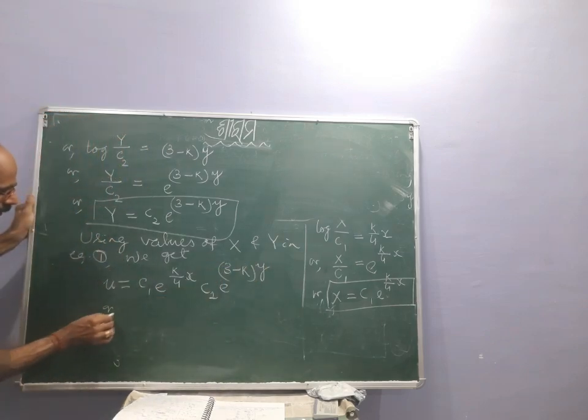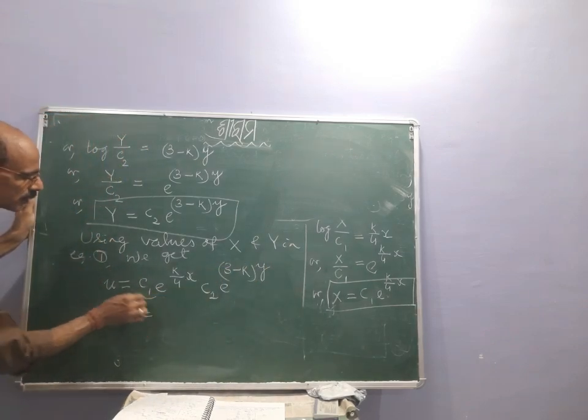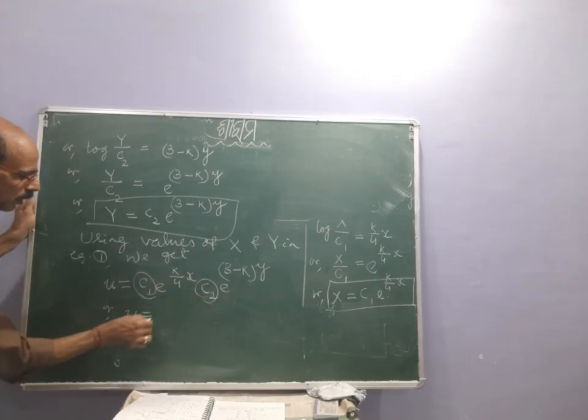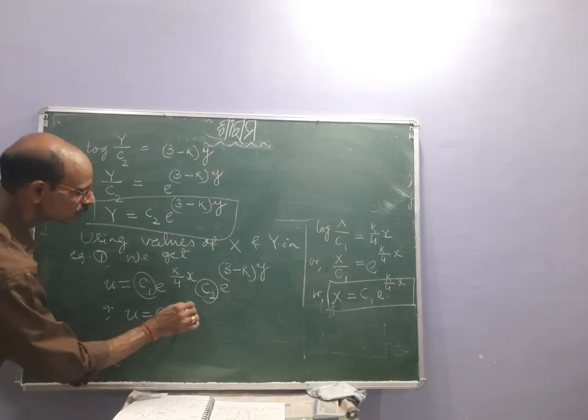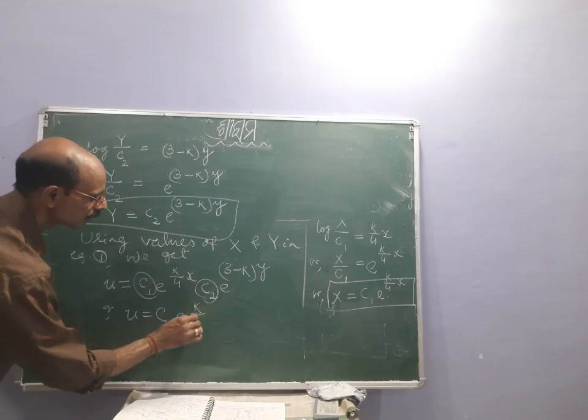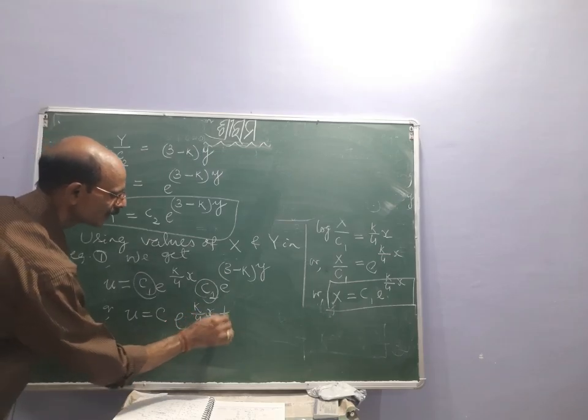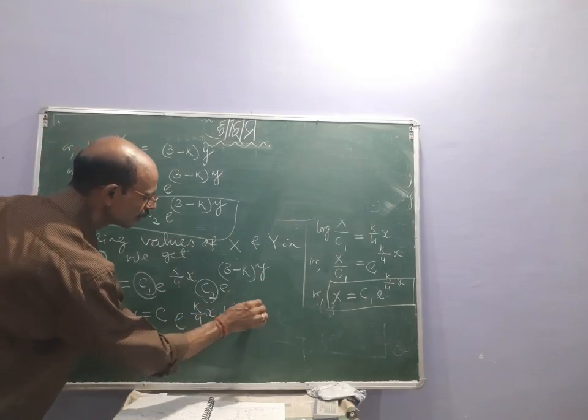Solving a little bit, we get this is C1 into C2, where let it be written C exponential k by 4x plus 3 minus ky.